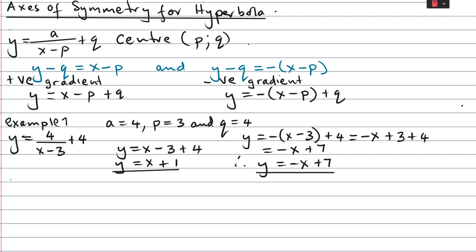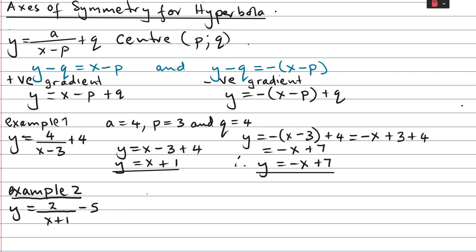Let's look at another example, example 2. In example 2 we have y equals 2 divided by x plus 1, minus 5.